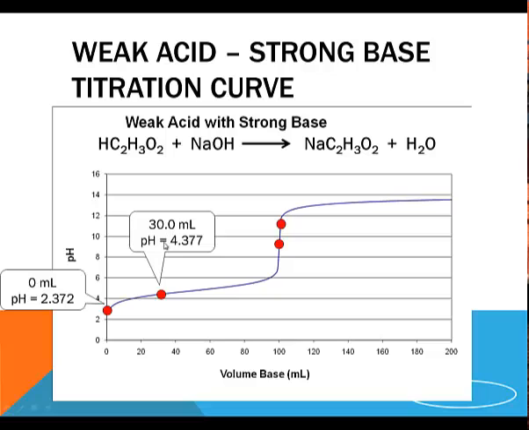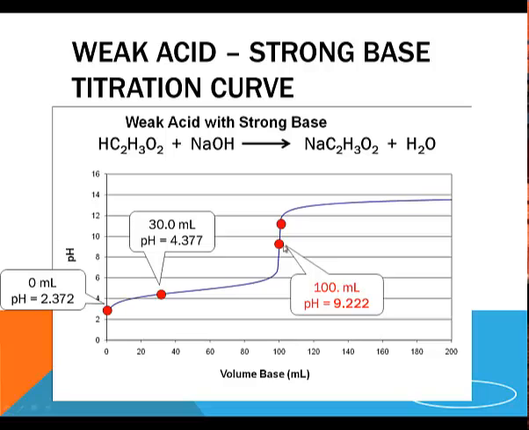After 30 mLs, we had a pH equal to 4.377. And this feature of a weak acid strong base curve is this long sloping region which we call the buffer region. This is where we have still some weak acid, but we've also made some of the conjugate base acetate in our solution. And then we got to the equivalence point.